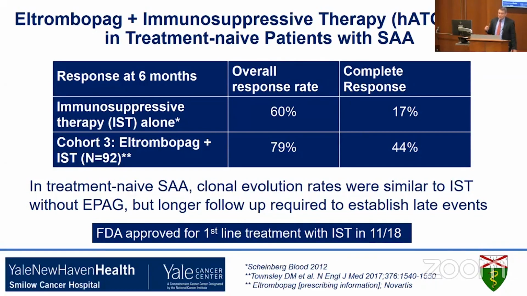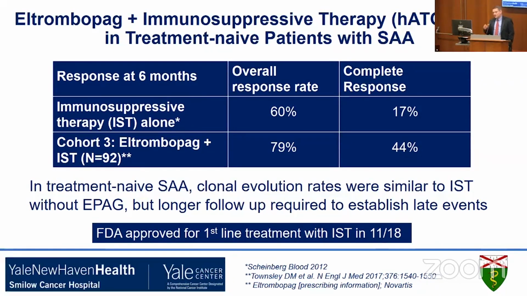So in addition to suppression of the immune system, eltrombopag is not suppressing the immune system, it stimulates production of cells. So the 3 drugs attack the disease from different angles. And as you can see, response rate increased from 60 to 79%, and complete response increased by a significant number, almost 30%, from 17% to 44%.